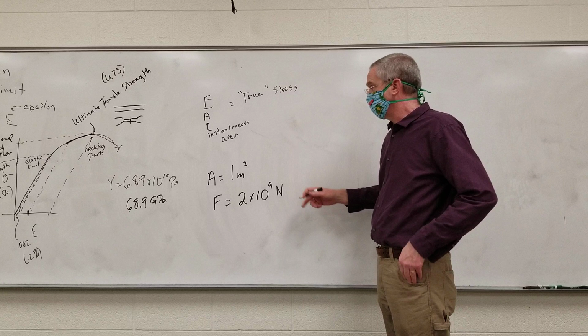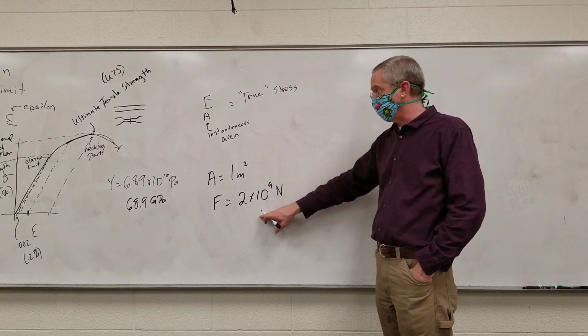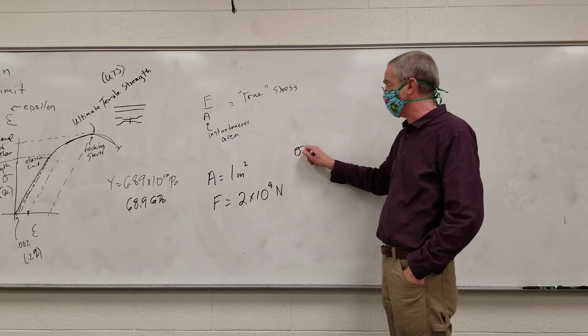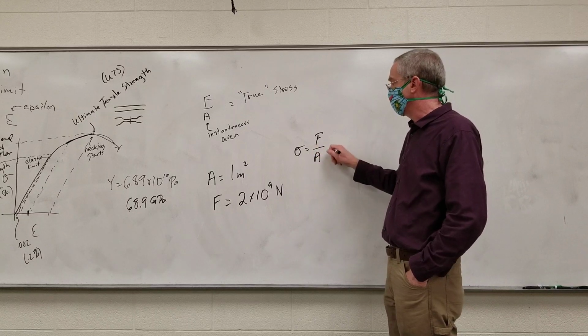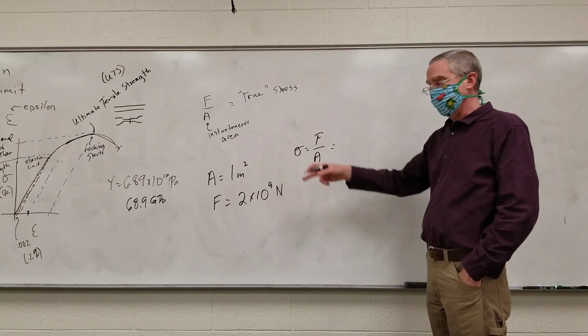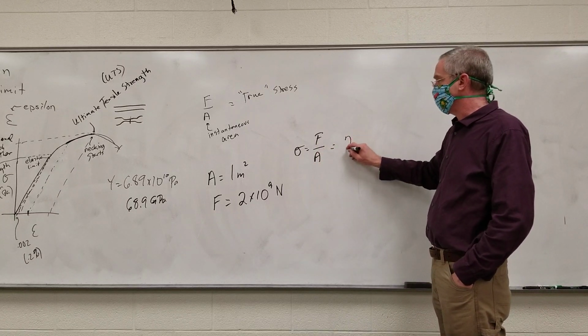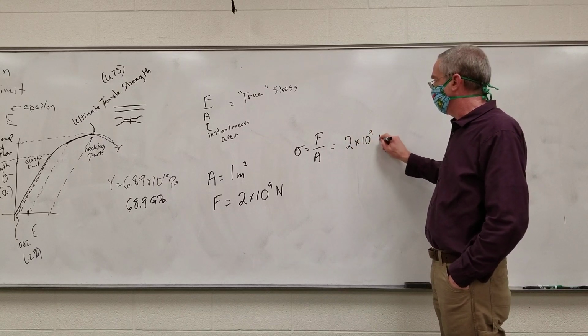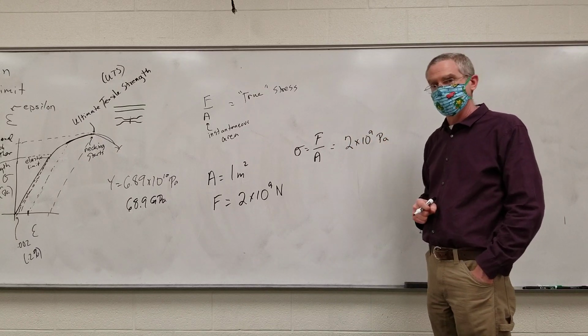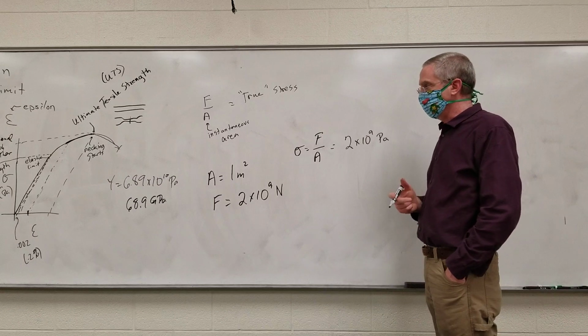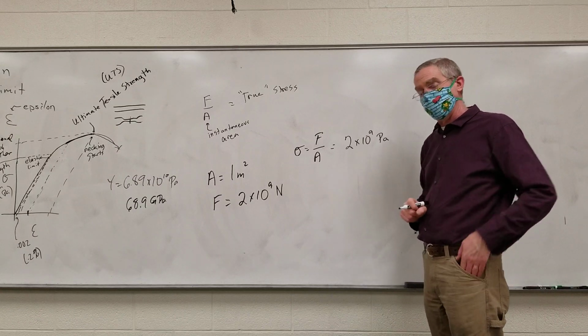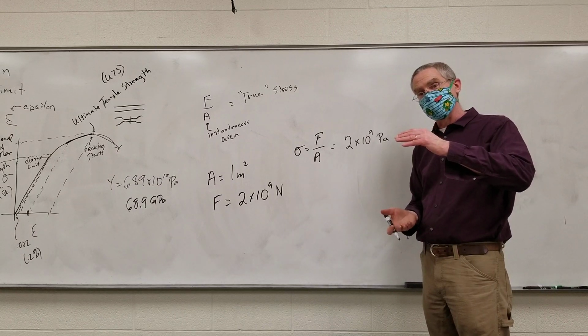First off, what is the stress that's going to be applied? I know the force, I know the cross-sectional area, so my stress is force divided by area. I made the number so I could deal with it. So that's 2 times 10 to the 9th pascals. The next question is, am I still in the elastic region?